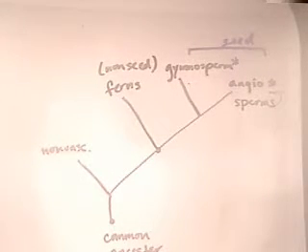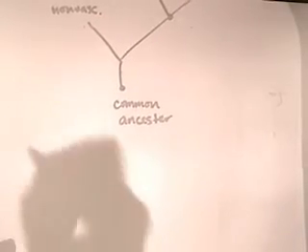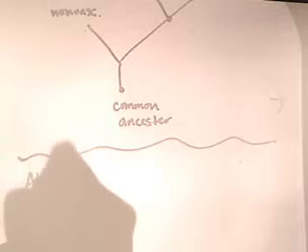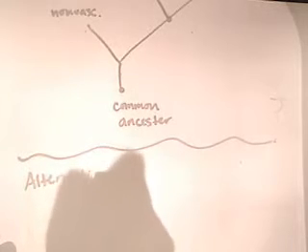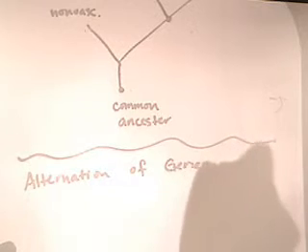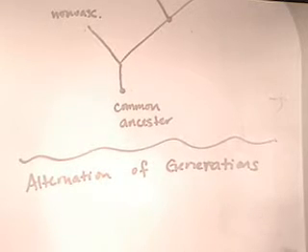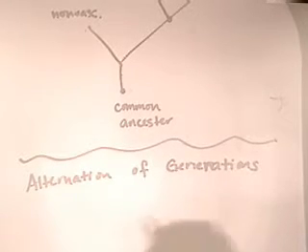Now, in any plant, seed or non-seed, you're going to have something called alternation of generations. Basically what that means is that if you're looking at a plant's life history, there are two stages that a plant's life history will go through.